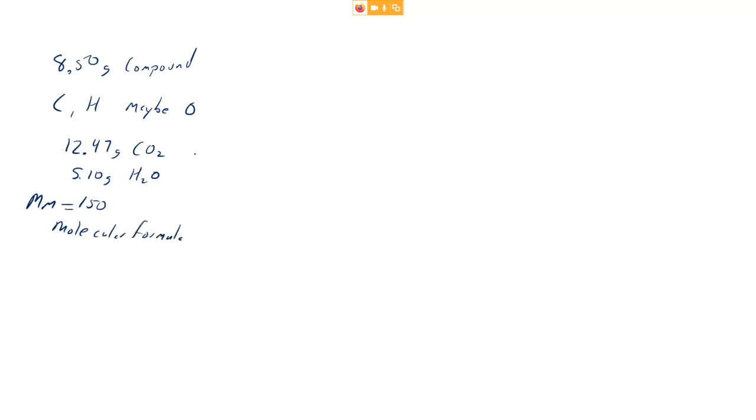Okay, so I'm going to use my carbon dioxide to get carbon. I'm going to use my water to get hydrogen. So in order to do that, I need the molar mass of CO2, which is 44.01 grams per mole. I need the molar mass of water, which is 18.02 grams per mole.